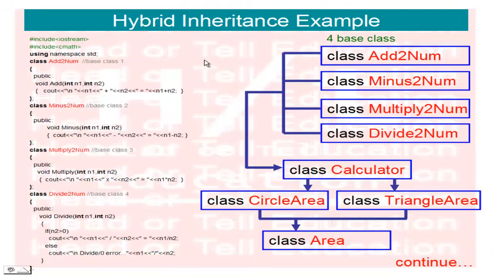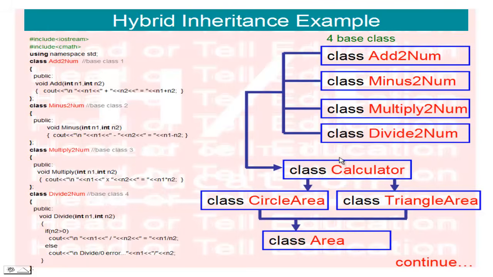Now we take an example of hybrid inheritance. According to our diagram, we are using four base classes: add 2num, minus 2num, multiply 2num, and divide 2num. All four base classes are used to derive one class called calculator.